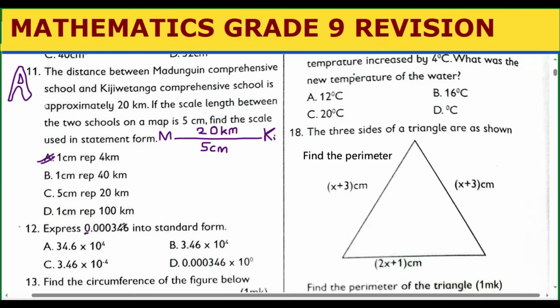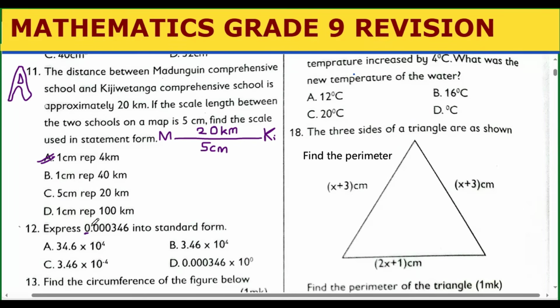So if it is less than 1, the power must be negative, times 10 to a negative power. But if it is more than 9, that is 10 and above, that number must have a positive power.